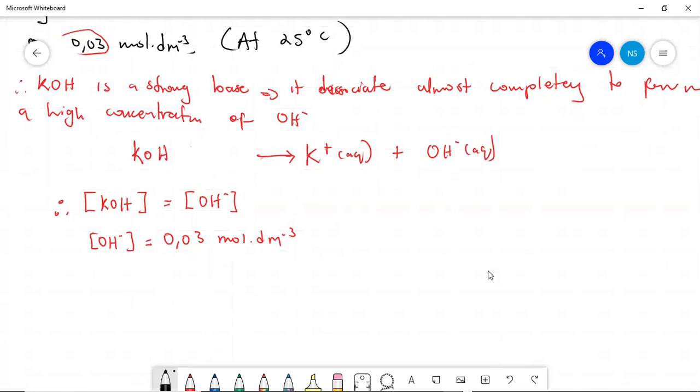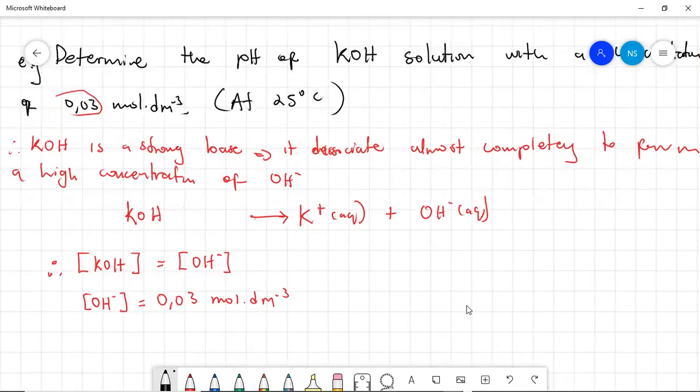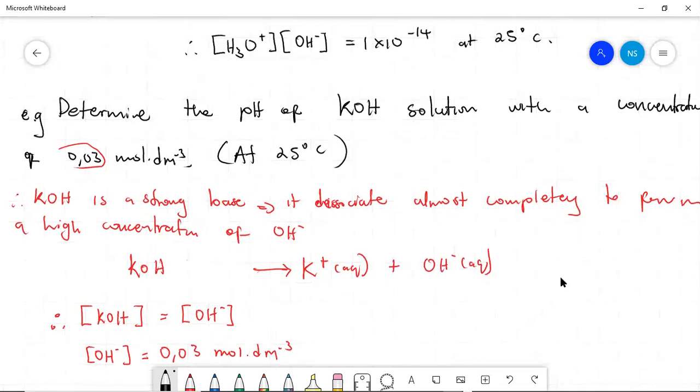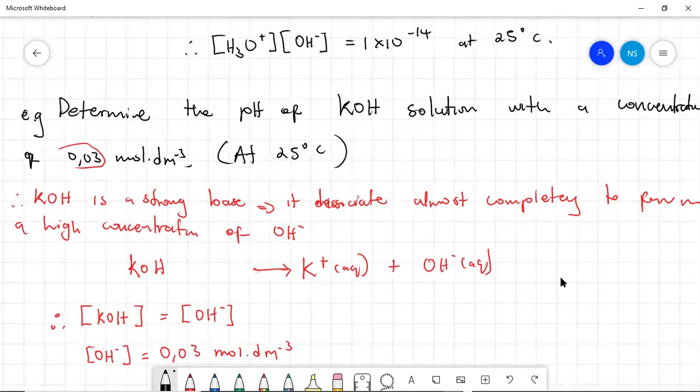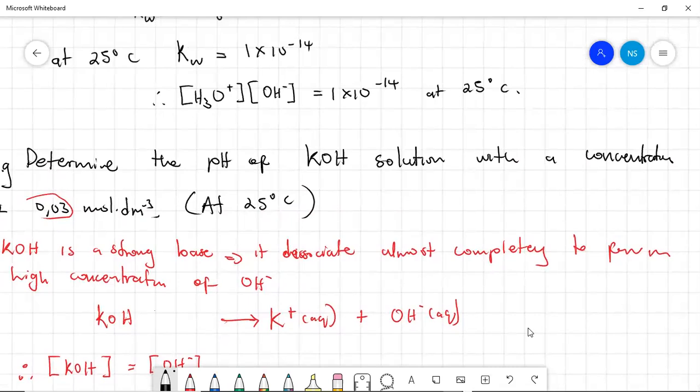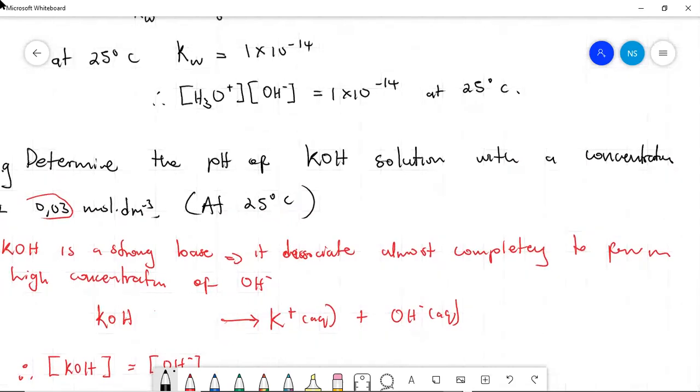And remember, from what I've written above from the equilibrium constant of water, we concluded that the concentration of hydronium times the concentration of OH minus gives you 1 times 10 to the power negative 14, right? So that's our conclusion.